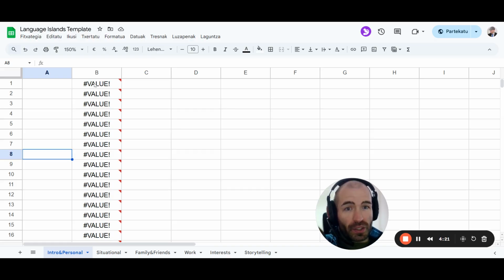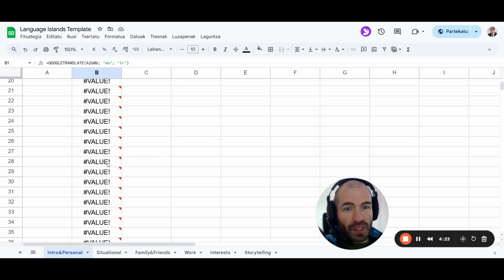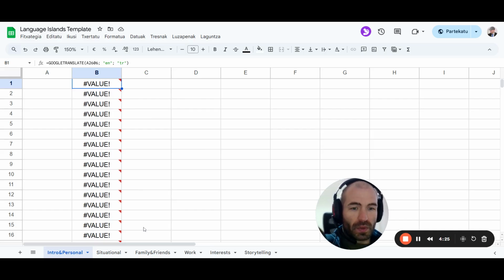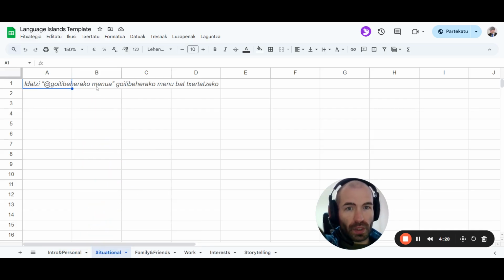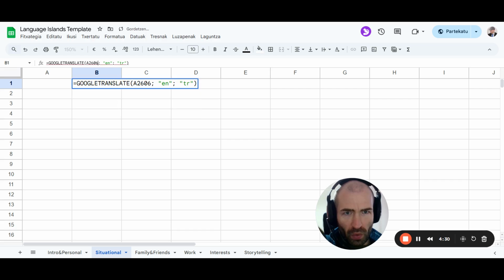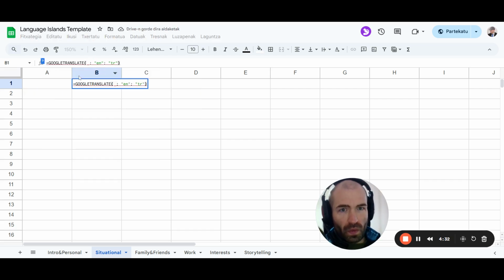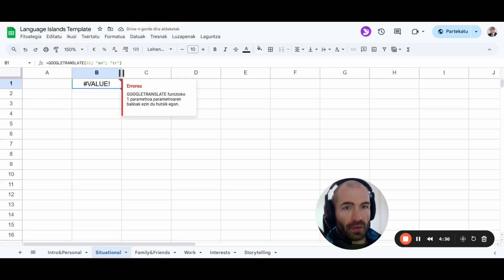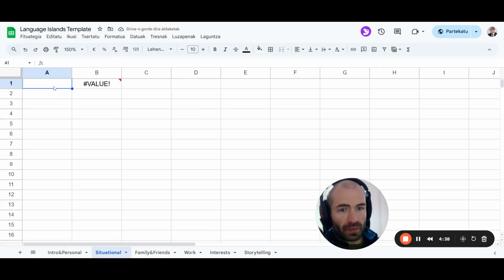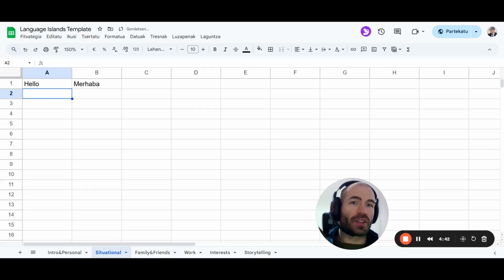Then you need this translation code. I'm going to just paste it everywhere. You take this, and you've got the target language here. You guys know what language that is.